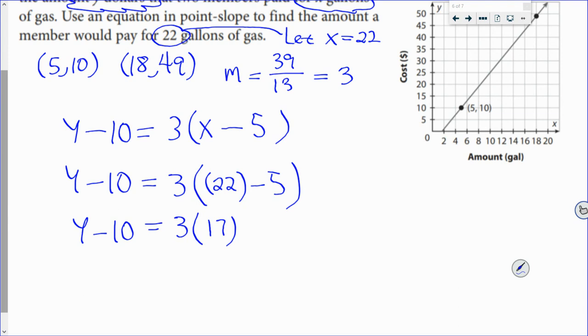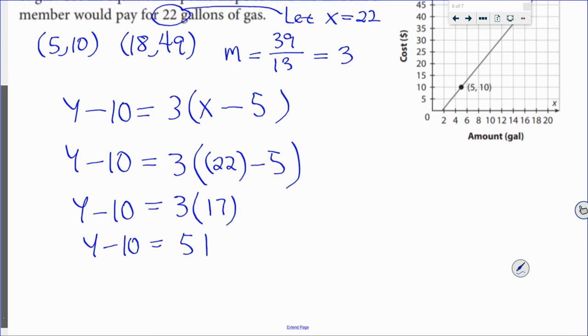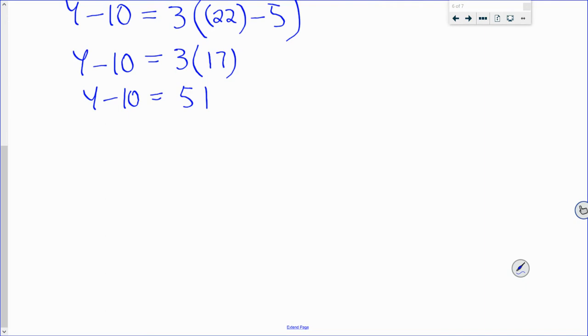You might want to double check me, I might make a mistake. 3 times 17 then is, well, 3 times 7 is 21, 3 times 1 is 3, plus 2 would be 51. Then I need to finish solving this, add 10 to both sides. So y is equal to 51 plus 10, so y is equal to 61.